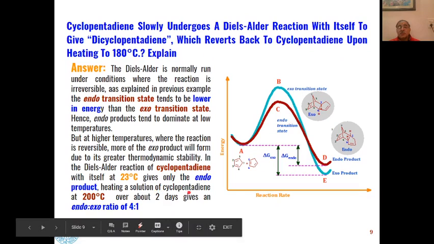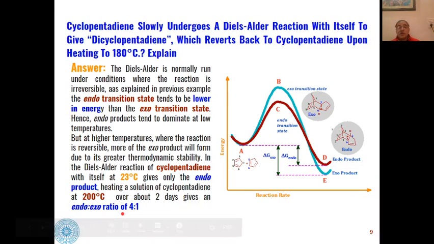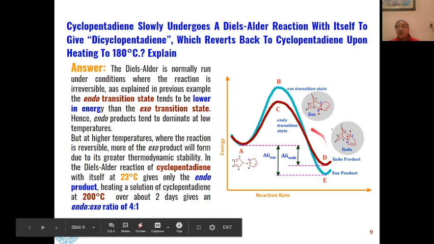Whereas when a solution of cyclopentadiene was heated at 200 degrees centigrade, the endo to exo product formation ratio was 4:1. Because at 200 degrees centigrade the reaction is reversible in nature, whereas at 23 degrees centigrade the reaction is irreversible in nature and only the endo product will be formed.